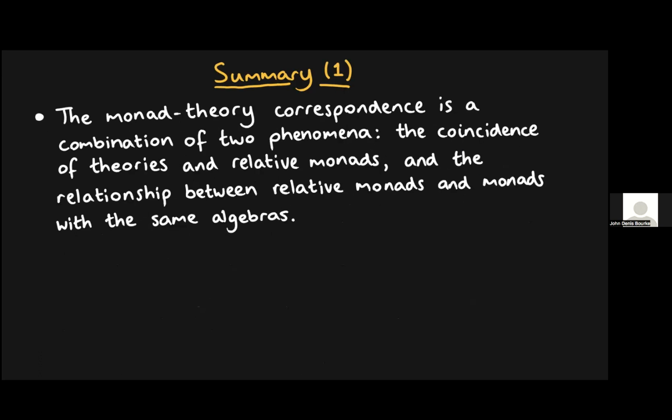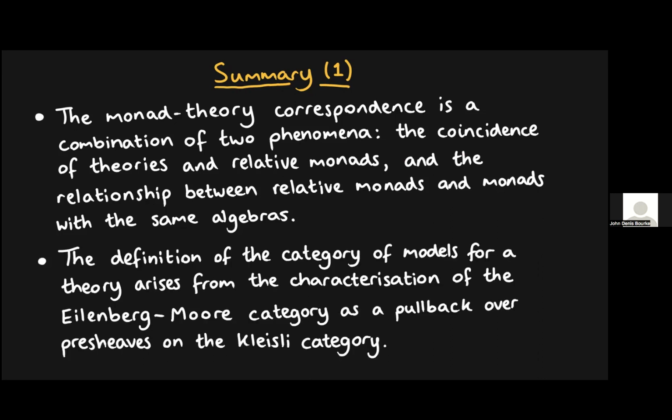So just to summarize what I've talked about, because I've gone through everything very quickly, the way we'd like to view the monad theory correspondence is the combination of two phenomena: the relationship between theories and relative monads via this quasi-characterization, and the relationship between relative monads and monads with the same category of algebras. And in this way, the definition of the category of models for an algebraic theory is a consequence of this pullback characterization of the Eilenberg-Moore category.